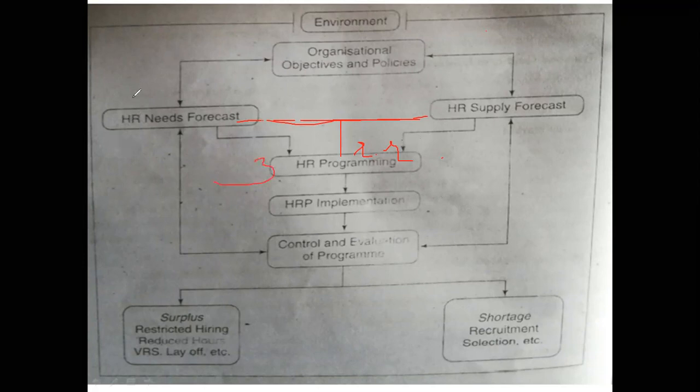First stage is human resource needs forecast. Second stage is supply forecast. Third is programming. Fourth is implementation. Fifth is control and evaluation of programs. In control and evaluation, you can see if surplus is there, you will take these steps. If shortage is there, you will take these steps. Okay, I hope you understood the process of human resource planning.